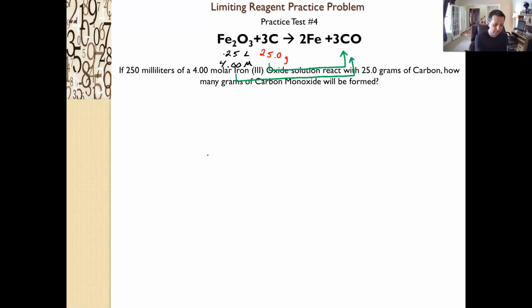If I have, let's do factor label here. But remember, molarity equals moles per liter, right? So I have a 0.25 liter solution. I want to cancel out liters and go to moles.